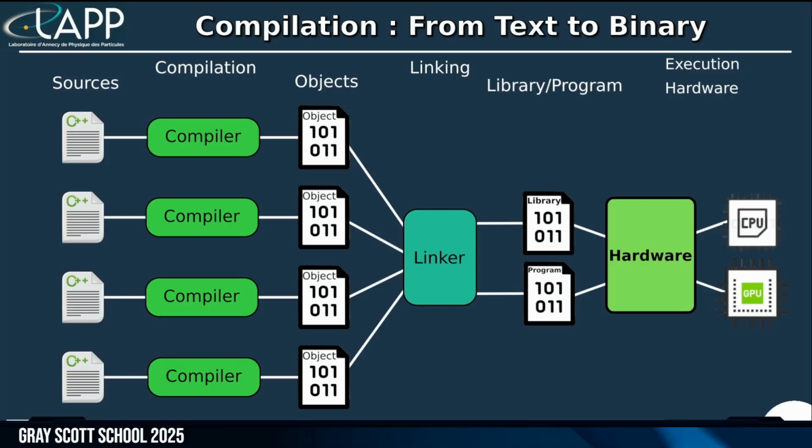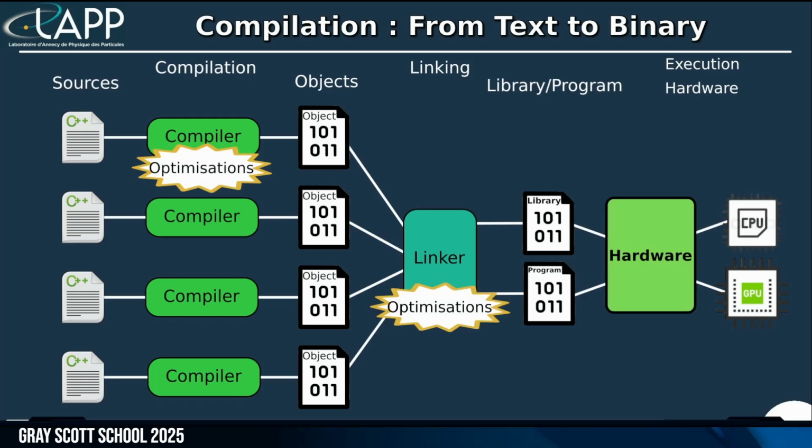So during this process, we can do some optimization here at the level of the source. But of course, the problem of the compiler at this point is it does not know what you want to do with the other files. So some optimization cannot be done because maybe you are reusing something in another file. The only place where we can do everything is the optimization for the linker.